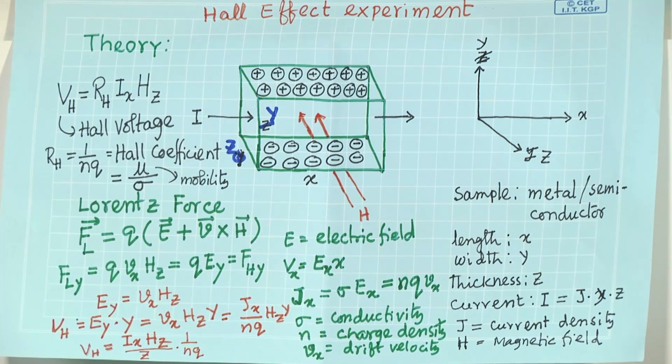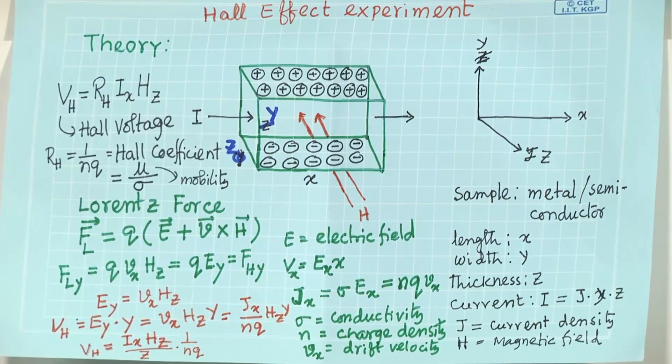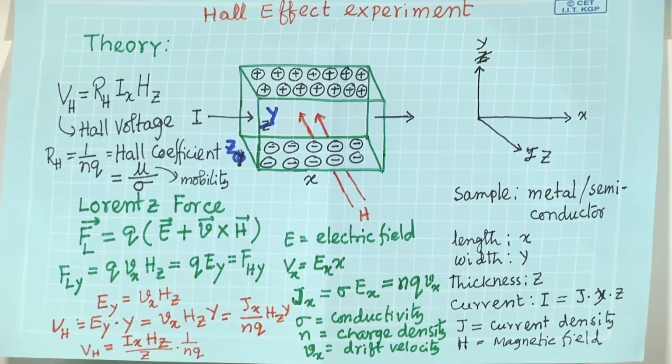There is a difference between drift velocity and velocity. Without any electric field, the velocity of carriers is scattered in different directions. Now, when we apply an electric field, they are channeled in one direction, so the velocity in that direction is what we call drift velocity. It is directed in one direction.